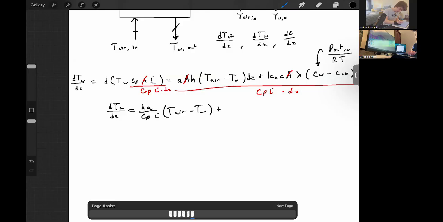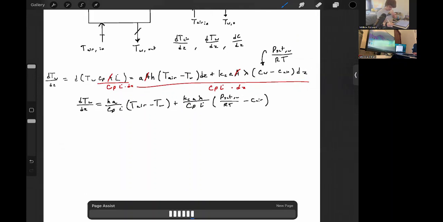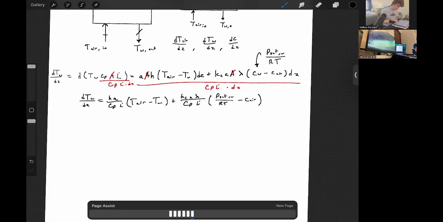And then this is going to be plus mass transfer coefficient, packing, enthalpy of vaporization over heat capacity over liquid flow rate, which is then multiplied by the saturated pressure of water over RT minus the concentration of air. Okay, and then we'll be able to plug this into Excel and get a general solution for the change of water across some change of distance.